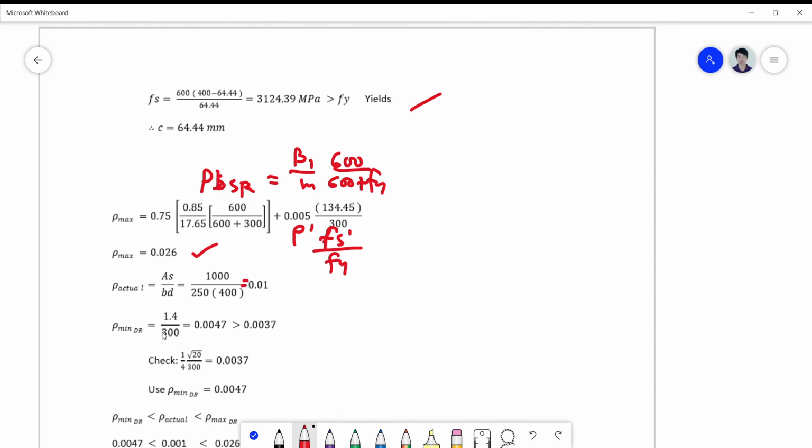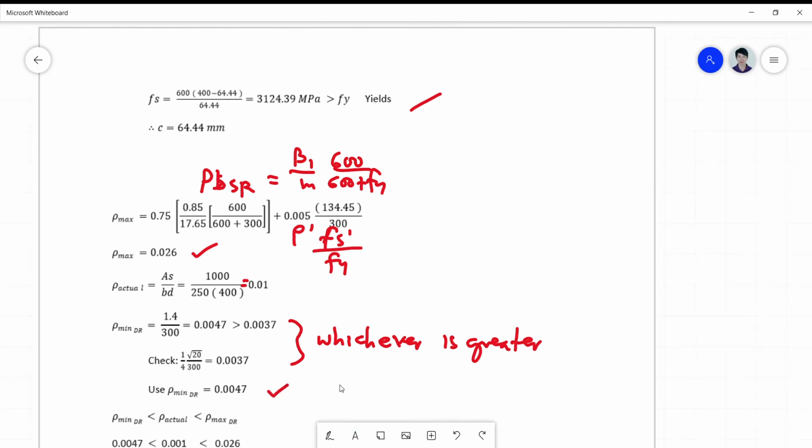And then rho minimum is 1.4 over fy, 1.4 over 300, which is 0.0047, and compare it to 0.0037. You choose whichever is greater. So your minimum rho for double reinforced is 0.0047.